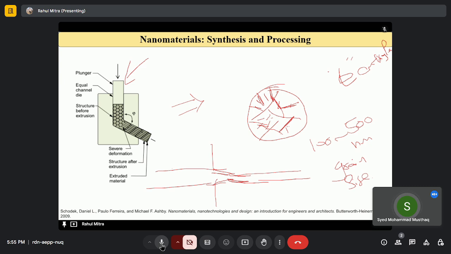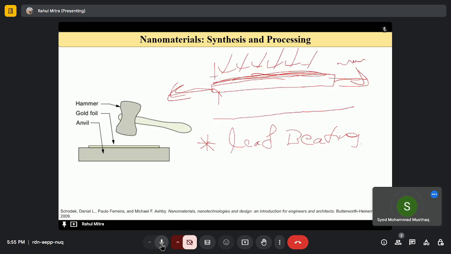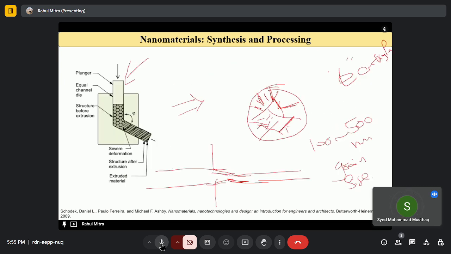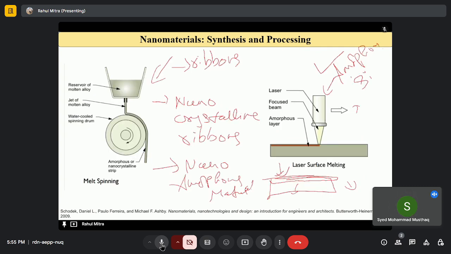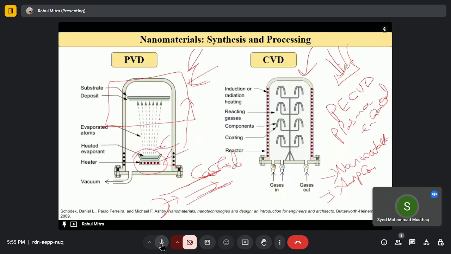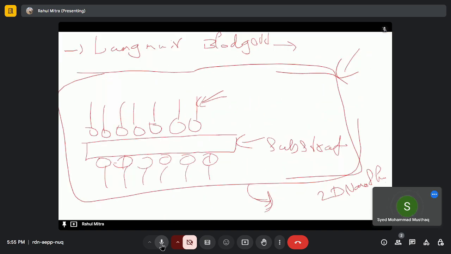So far I have discussed many processes. For nanomaterials, the equiaxial extrusion process, which is a top-down approach. For three-dimensional nanomaterials, again leaf beating, a top-down approach. Melt spinning, laser ablation, and PVD, CVD to create 2D films.